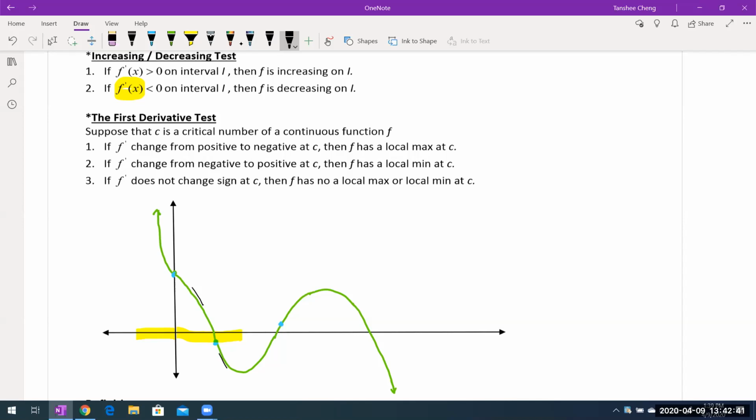So from negative infinity all the way up to this particular point, the slopes of the tangent lines are negative, meaning my first derivative function value is less than 0. So in the original function, the function value is decreasing throughout all these points. Any questions before I move on from here?